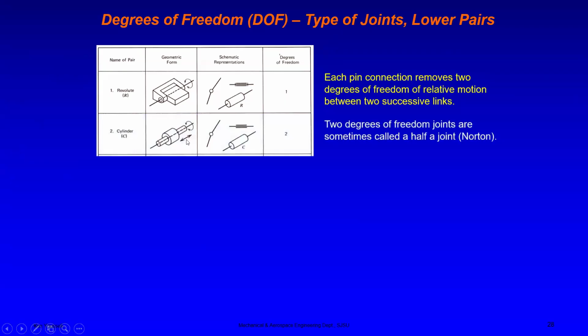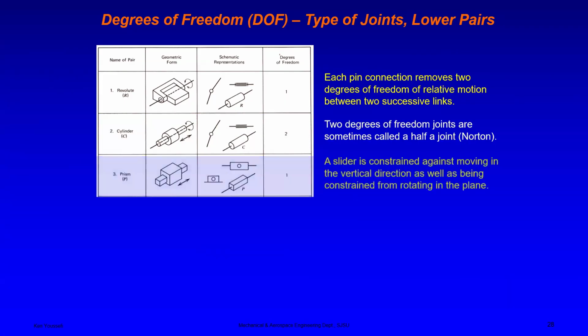For a cylinder, this is its schematic diagram, and it has 2 degrees of freedom because the cylinder can rotate and it can also move through. Now when you look at a prism, remember, this can only slide through. So the prism has 1 degree of freedom, as it is constrained from rotating in the plane.